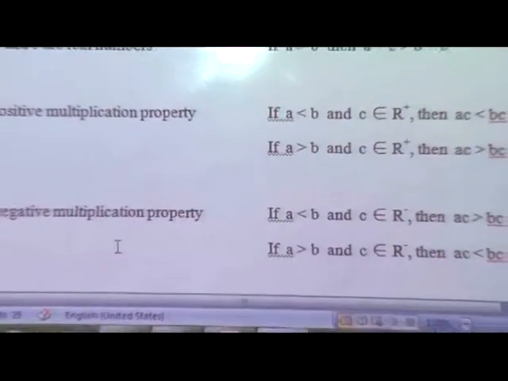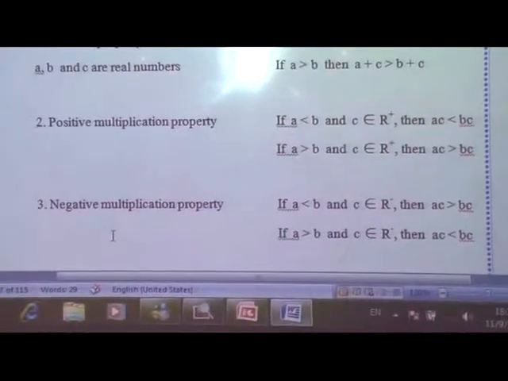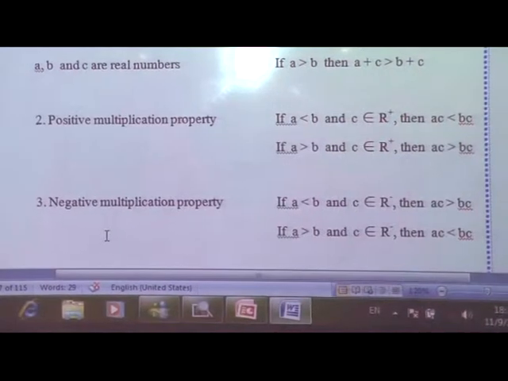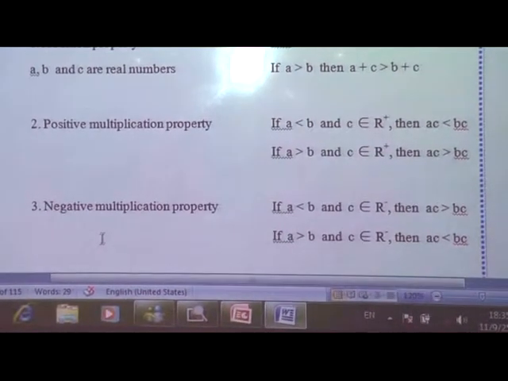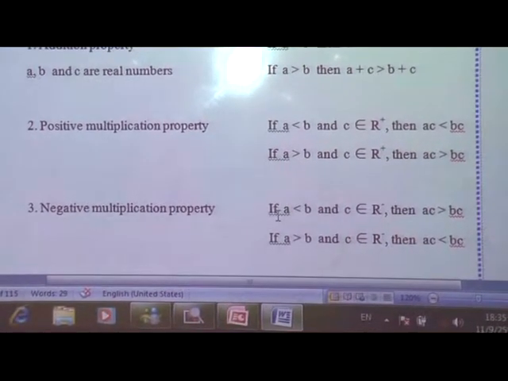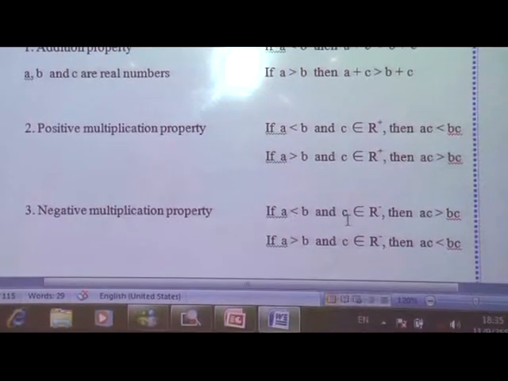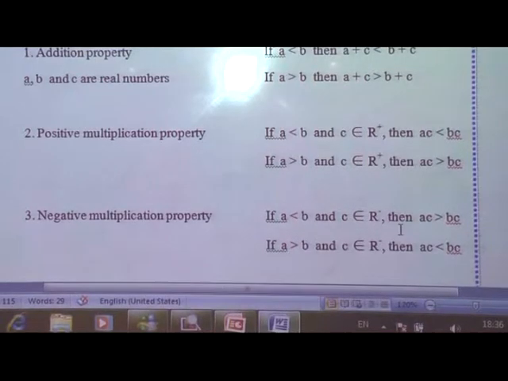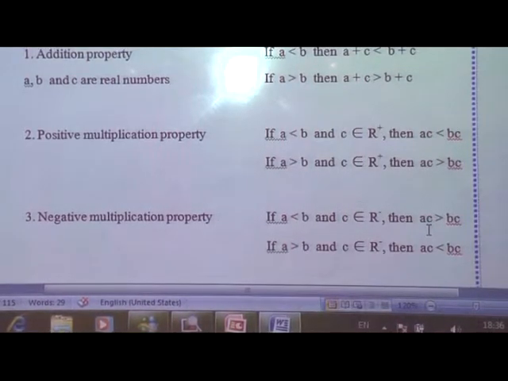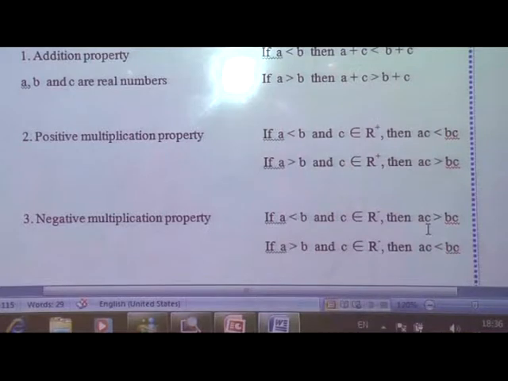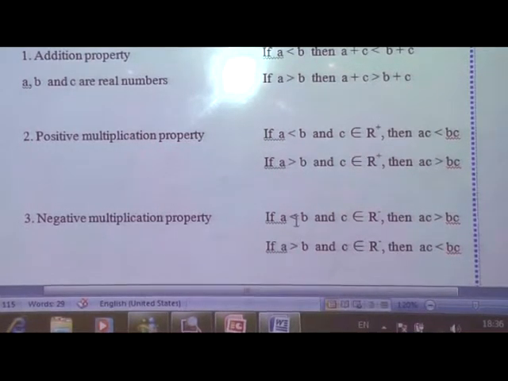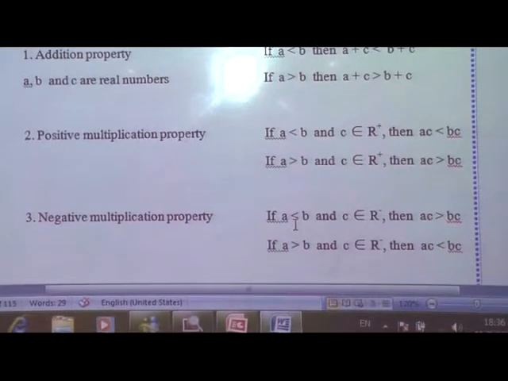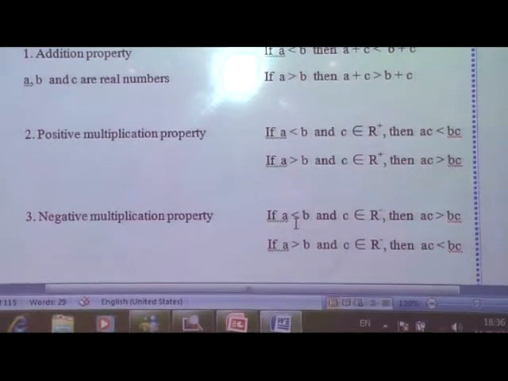But the third is important for us and you. The negative multiplication property. If A is less than B and C belongs to the negative real numbers, then look, AC is greater than BC. This is very important for you. Attention, please.